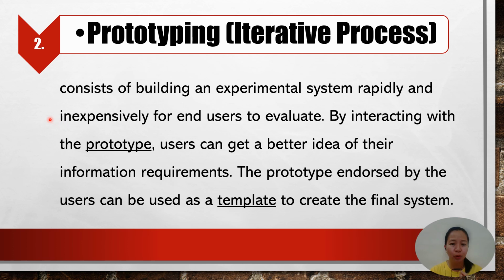So the next approach you can use is prototyping. Prototyping is also known as an iterative process. The process of building a preliminary design, trying it out, refining it, and trying again has been called an iterative process of system development because the steps required to build a system can be repeated over and over again.